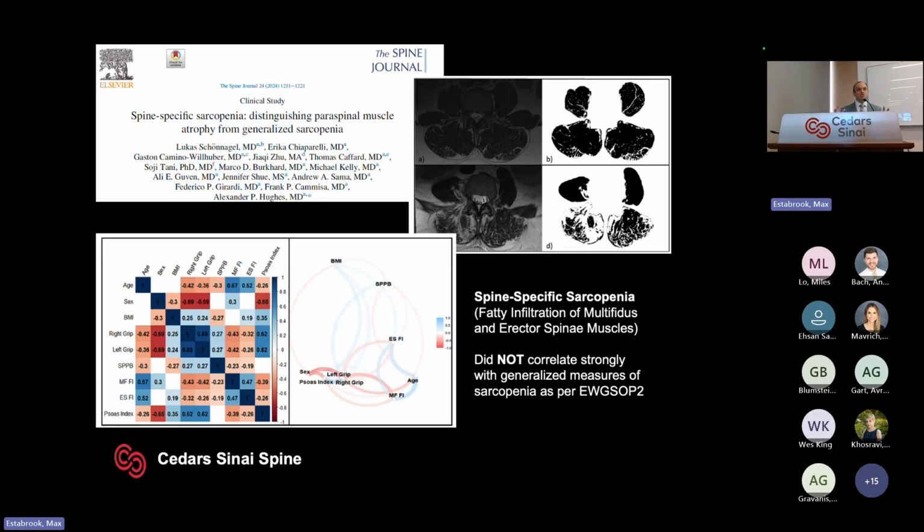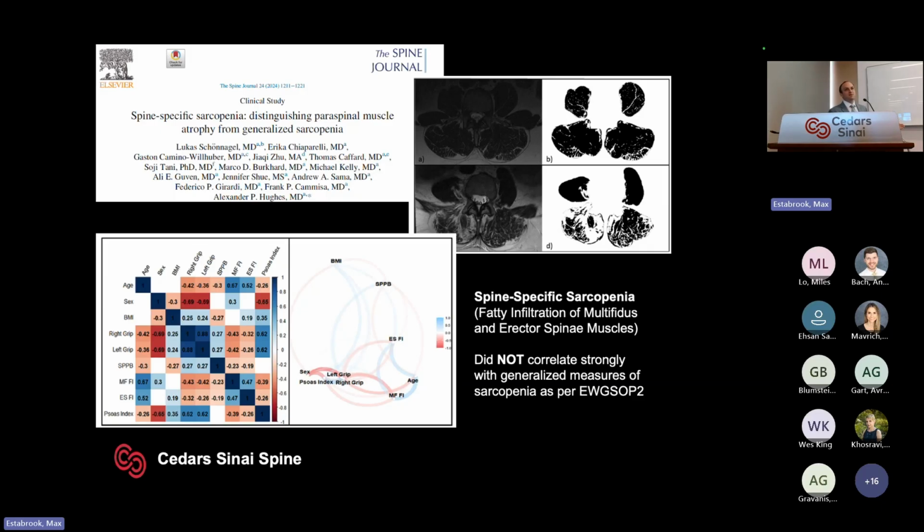But when you study muscle content in the space around the spine, which probably has a direct measure to spinal stability and other things like pain, and matters directly to us as spine surgeons, actually these things don't correlate. And this group out of HSS looked at the paraspinal muscles and atrophy, and there's probably a local effect from osteoarthritis of the facets and blood flow and other things that probably contributes, but these things don't even directly relate to each other.